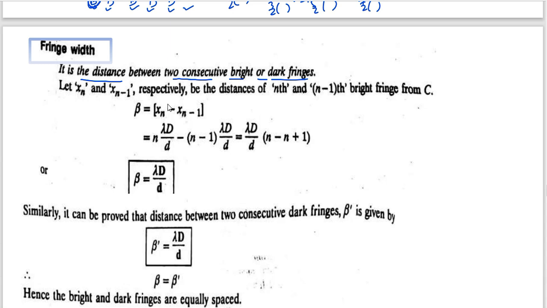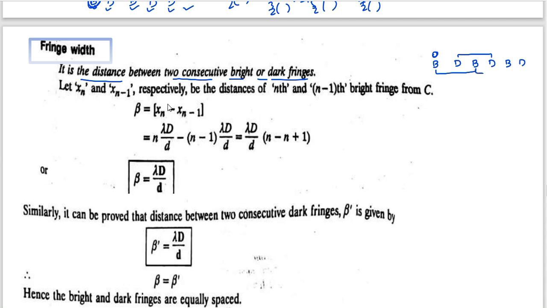At the center O there is a bright fringe, then this is dark, then this is bright, then dark, then bright, then dark. So the distance between bright and bright, and the distance between dark and dark, is called fringe width. Remember, consecutive bright or dark fringes.